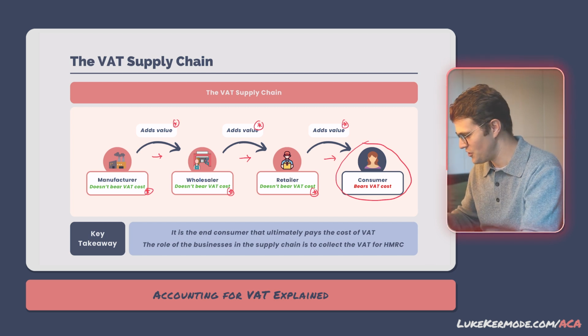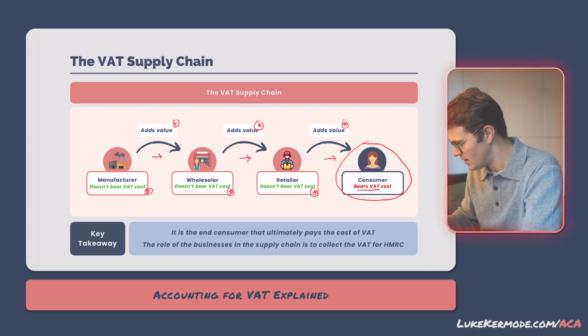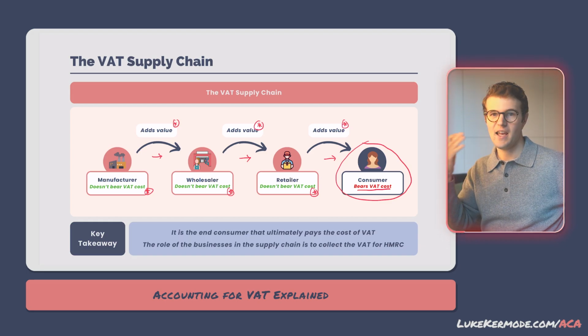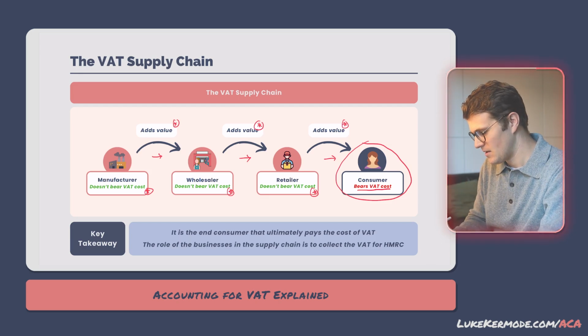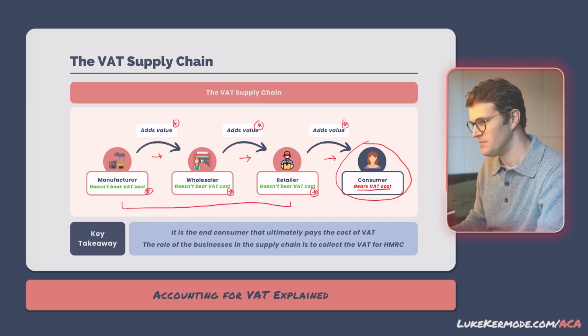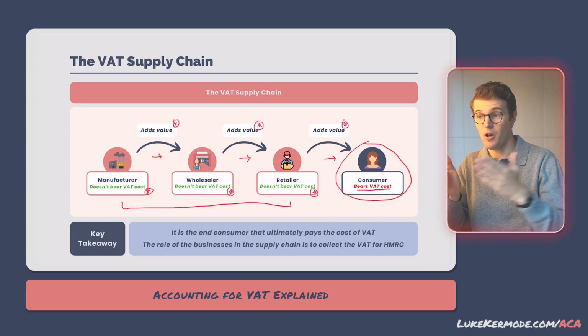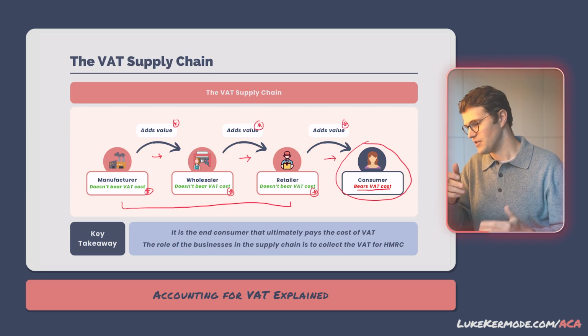It's the end consumer that's bearing the full VAT cost on their purchase. That's the end of the road. So the key takeaway again is that it's the consumer who bears the full cost of VAT. The businesses that come before them in the supply chain act as tax collectors who pass on that VAT that they collect onto HMRC.